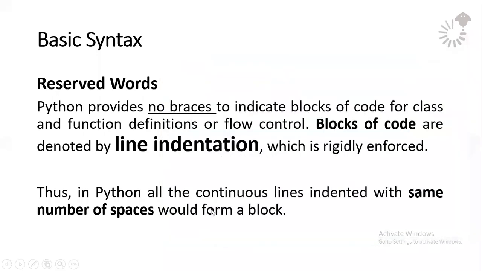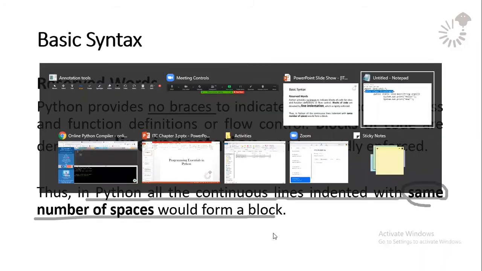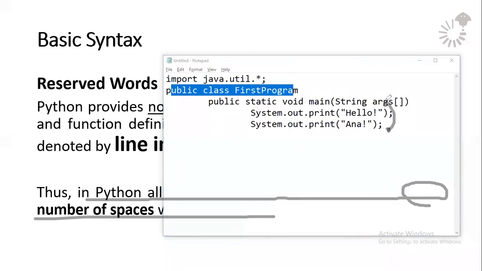And it is important, in Python, all the continuous lines indented with the same number of spaces would form a block. So, kung isang block yon, dapat pareho siya ng number of spaces. Following?